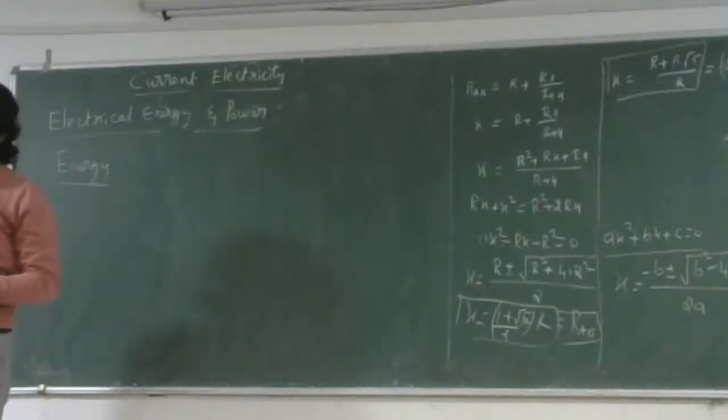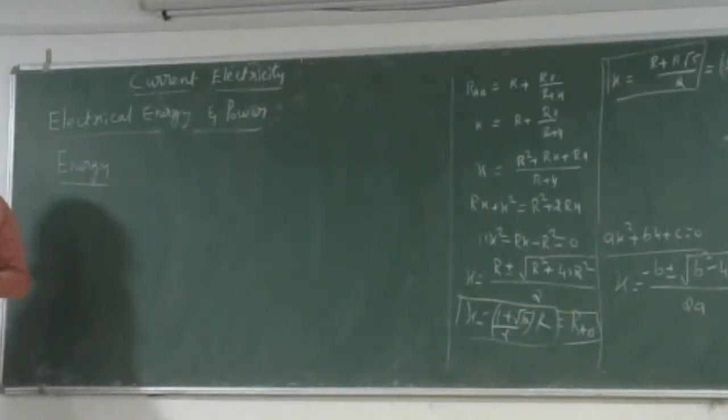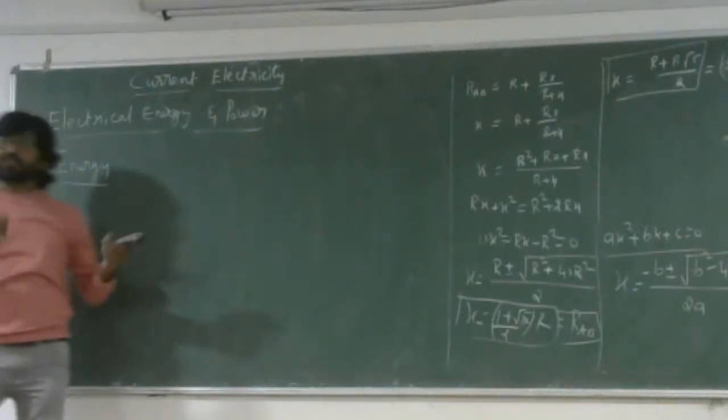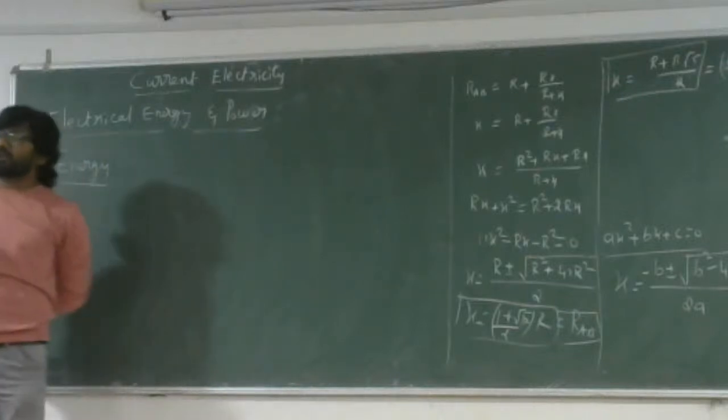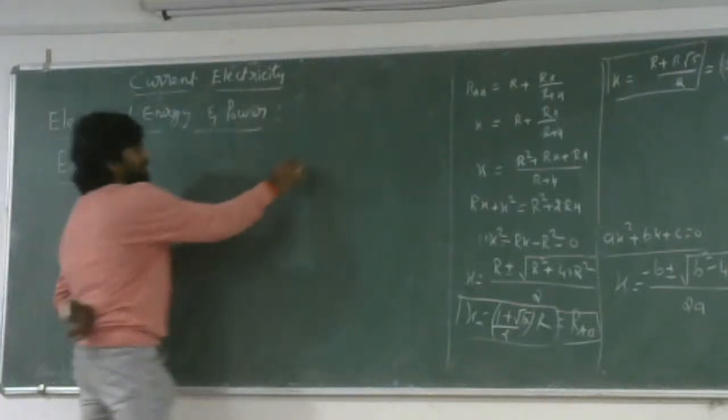Electrical energy, or you can say energy in electrical circuits, is usually nothing but the potential energy of electrical equipments. To understand this, you have to recollect a small concept called electrical potential energy. What is the definition of potential?